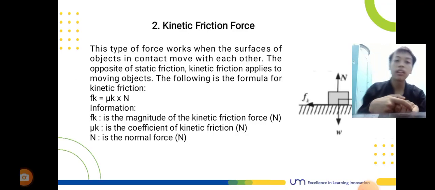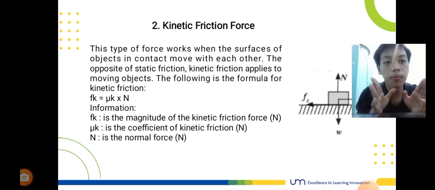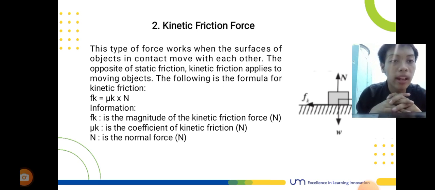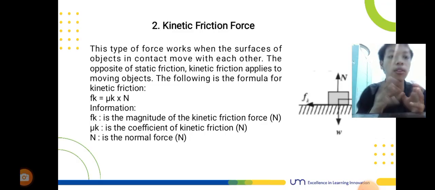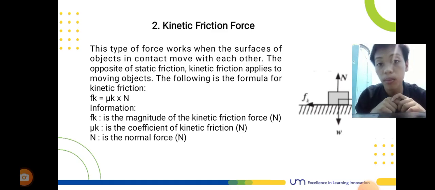Number two, kinetic friction force. This type of force works when the surfaces of objects in contact move against each other. The opposite of static friction, kinetic friction applies to moving objects.